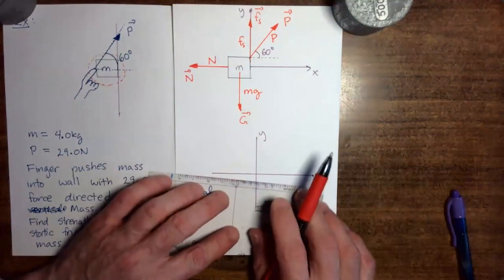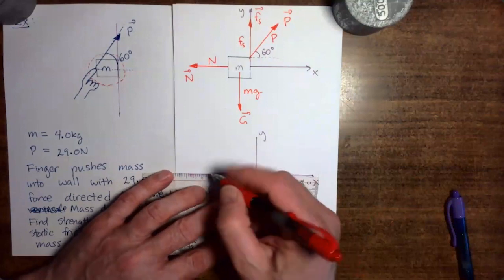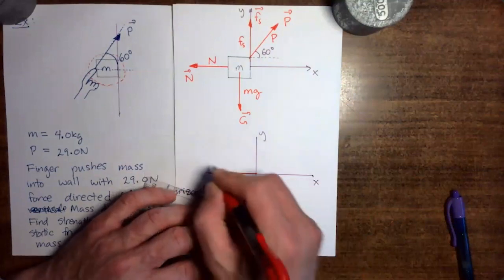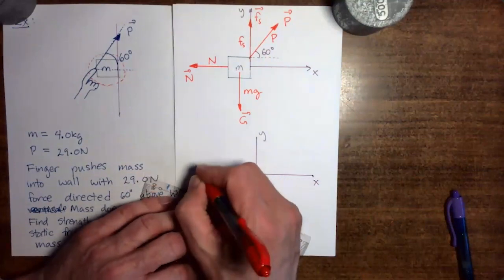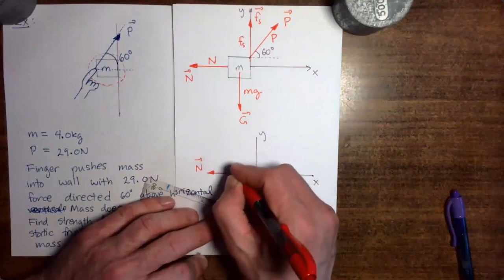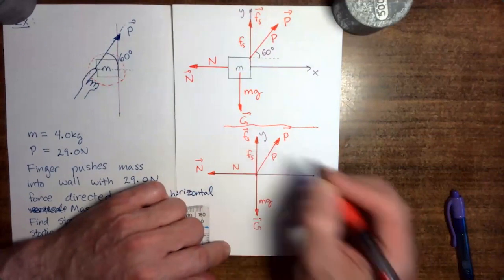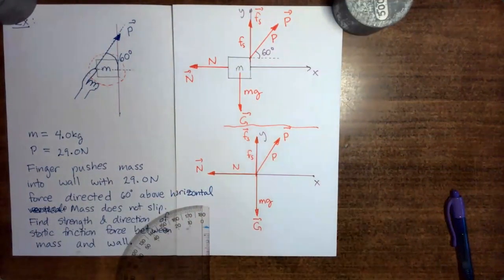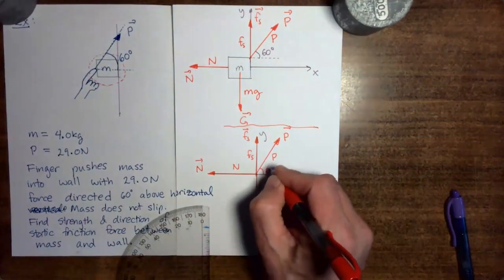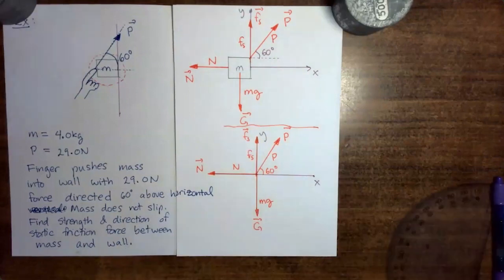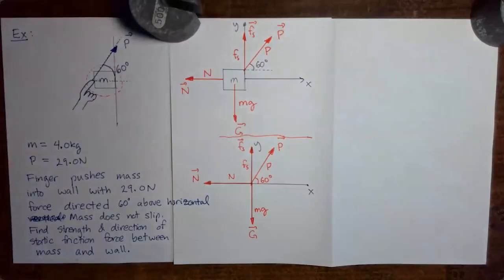So this step is optional, and you only need to do this if you think it would be helpful in order to see the vectors on the axes more clearly. And 60 degrees in here. Okay, so now we can go to the grid.